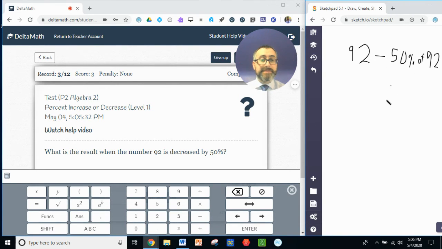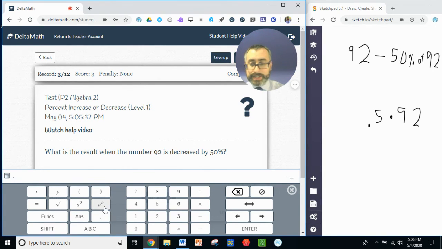I know that 50% means 0.5, and here of is just multiply. 0.5 times 92, or half of 92. I'll type that in here. 0.50 times 92, and that's 46.